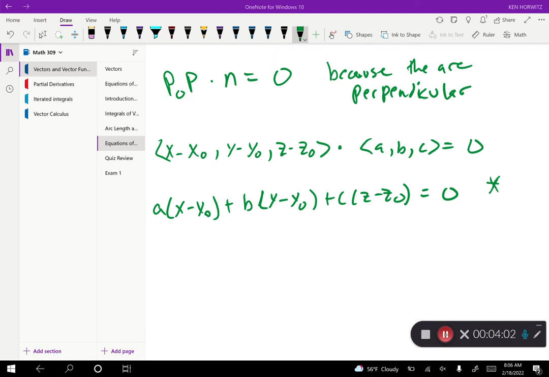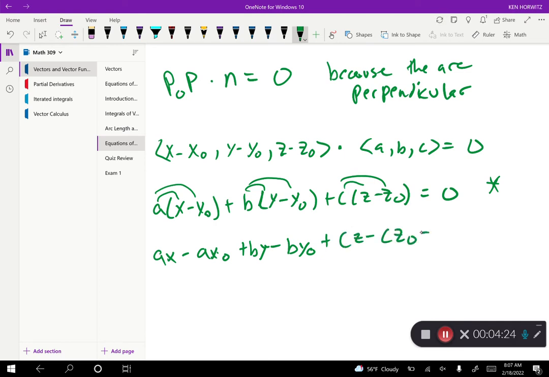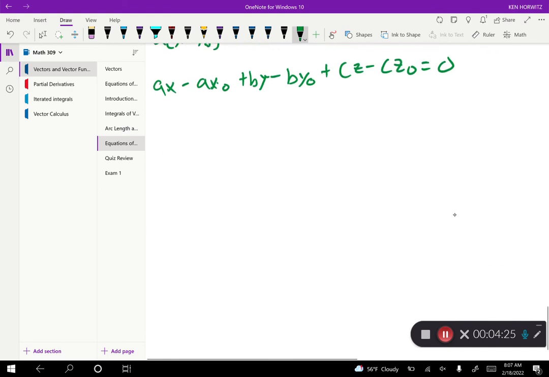All right, so if you did some algebra, we're going to distribute our A, distribute our B, distribute our C. So I get AX minus AX naught plus BY minus BY naught plus CZ minus CZ naught equals 0. Now remember, these terms are all constants. X naught, Y naught, Z naught was a definite point.